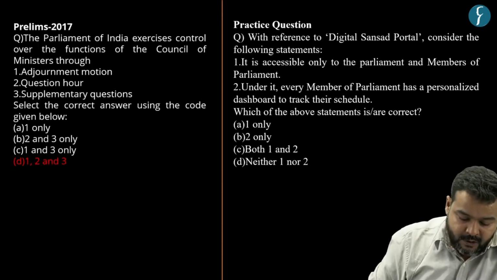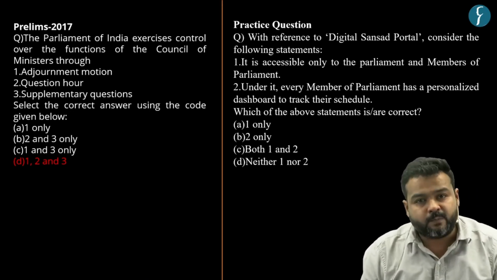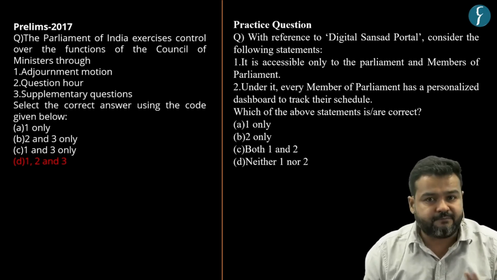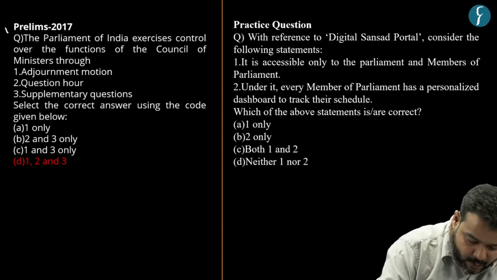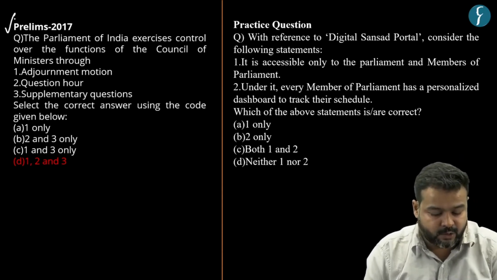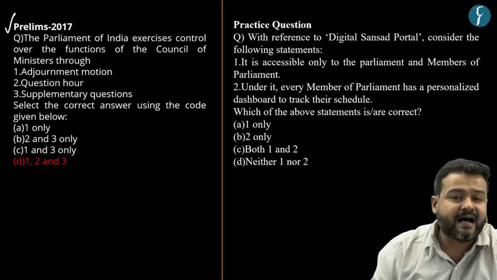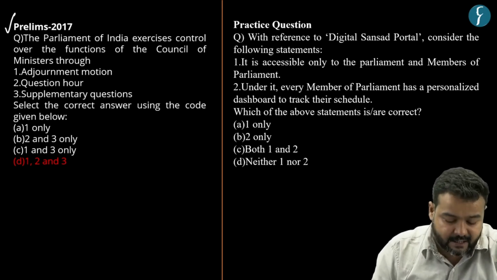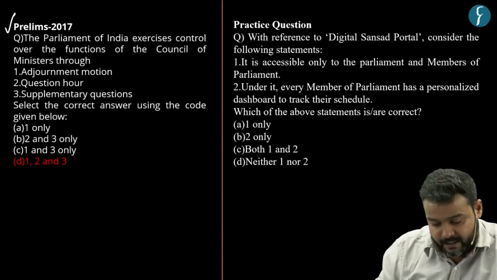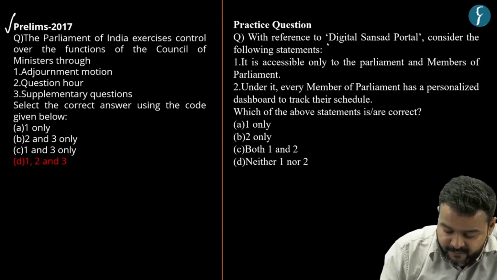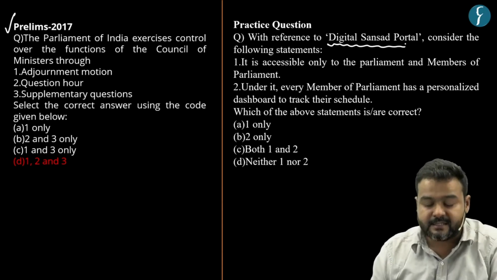Issues related to parliament devices and procedures have been a persistent theme in the UPSC examination, and it is nothing new. As you can see here in 2017, it has asked about the devices of adjournment, motion, questionnaire, etc. So we have taken up this question based on facts related to the digital Sansad portal.